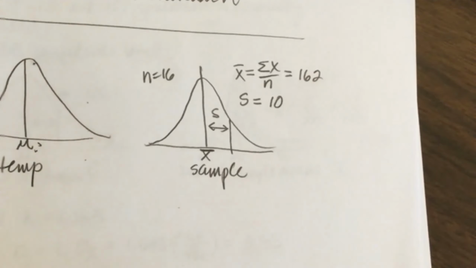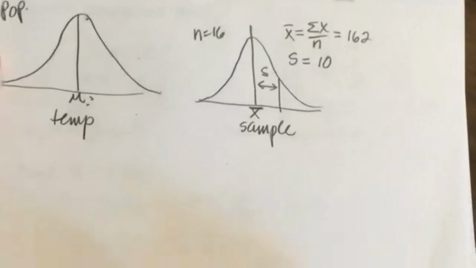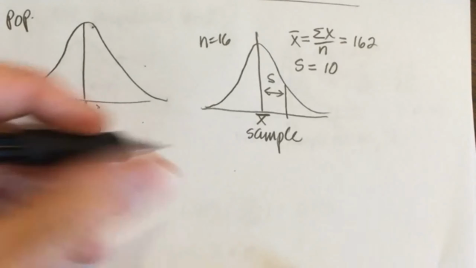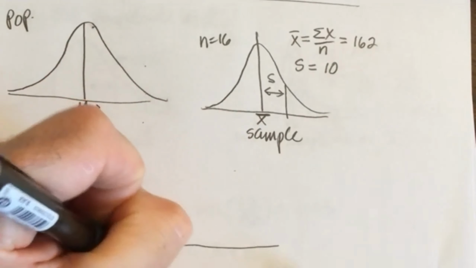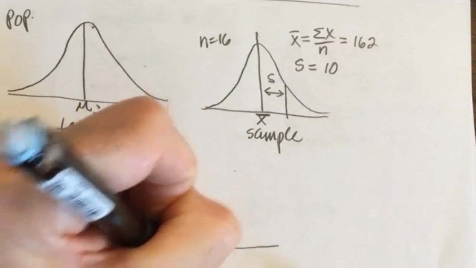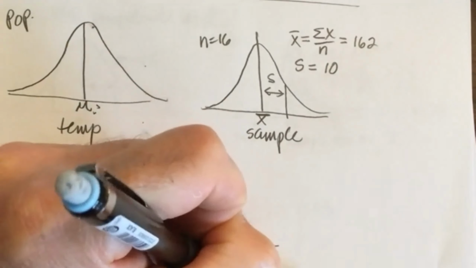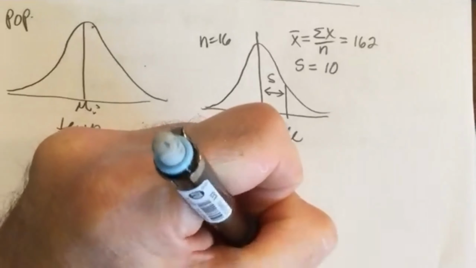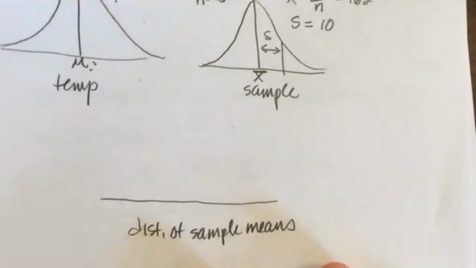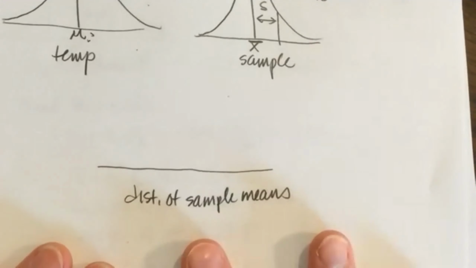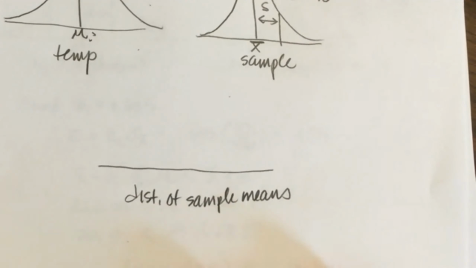Now what we want to look at is a third distribution. It's the distribution of all the possible samples. And so we want to say, what does this look like?